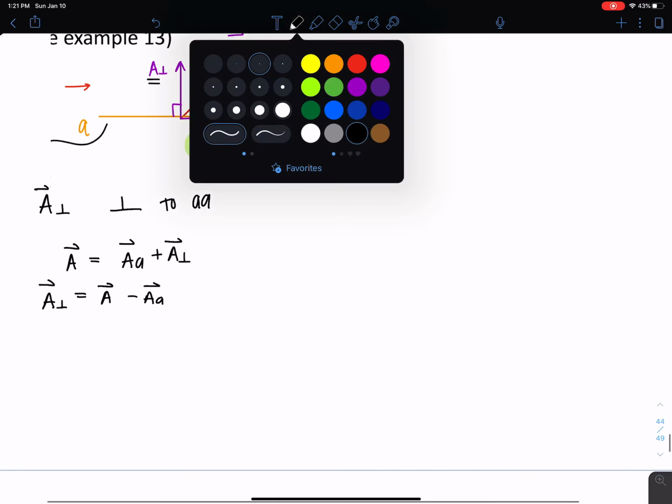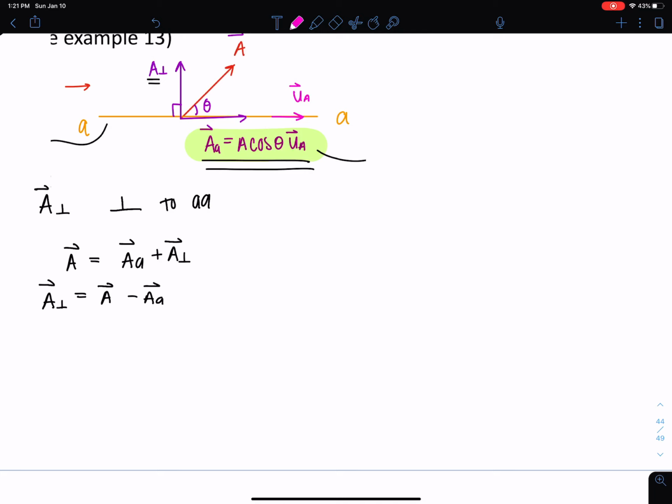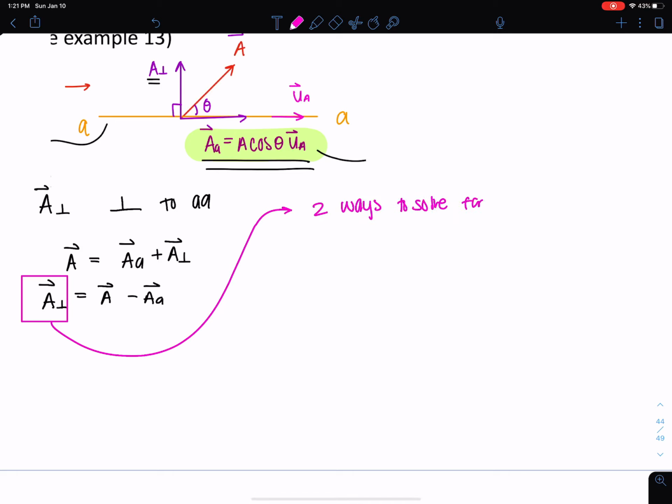And I have 2 ways of solving for this. The first way is to determine theta from the dot product.